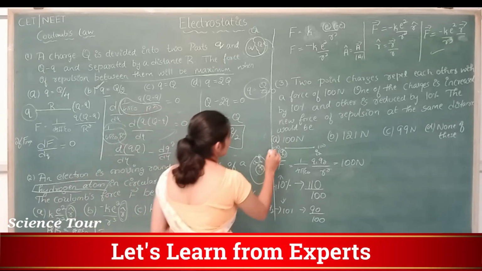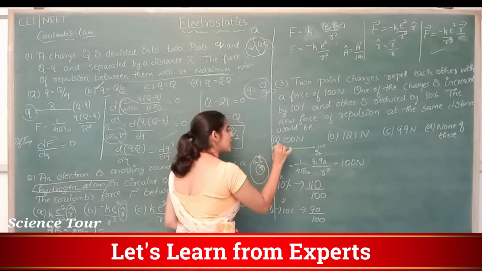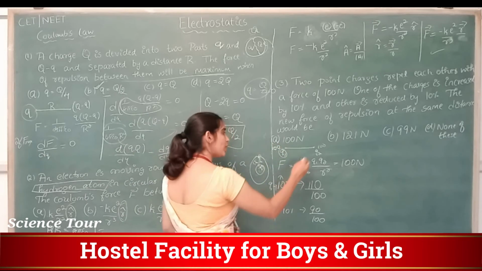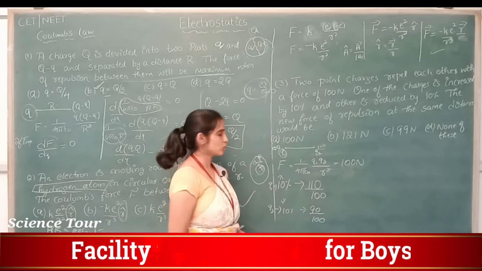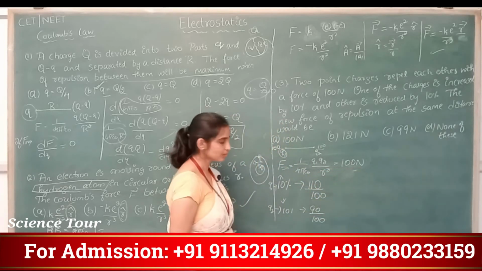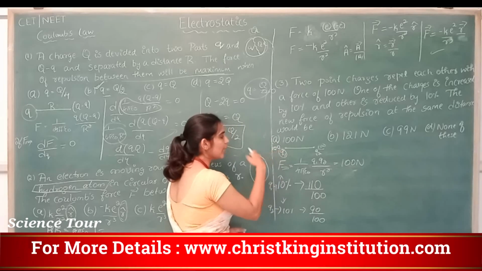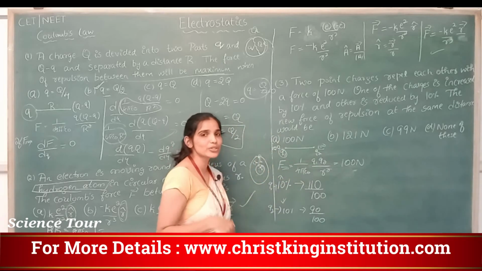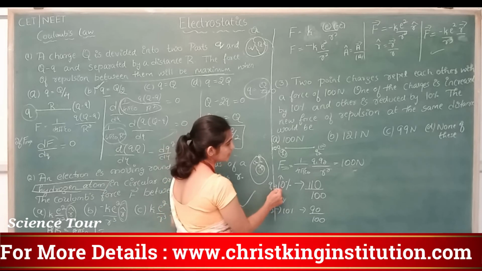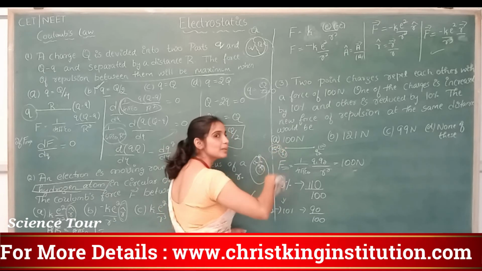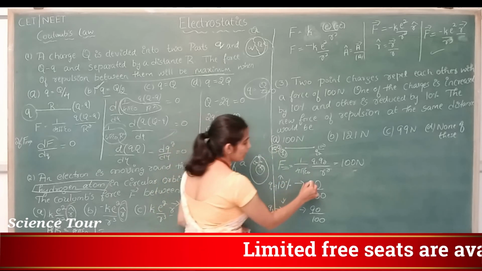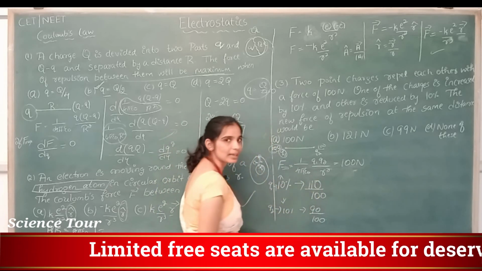Let's say Q1 had 100 coulomb of charge or whatever. Q2 also had the same amount of charge and the force between them is 100 Newton. Now Q1 is increased by 10%. What is a 10% increase in the charge? A 10% increase in a charge means 100 will become 110. Am I correct? So 100 will become 110.